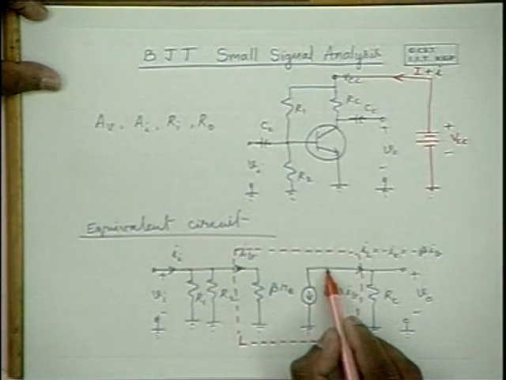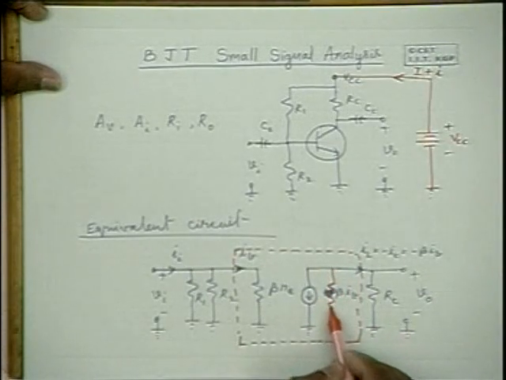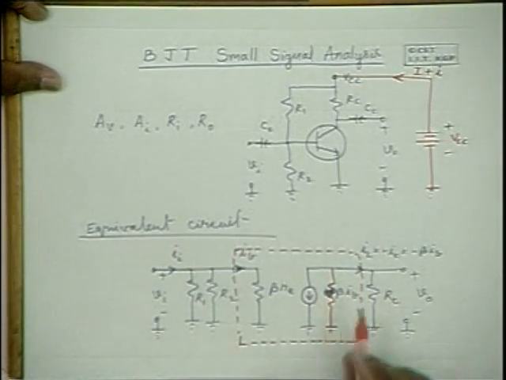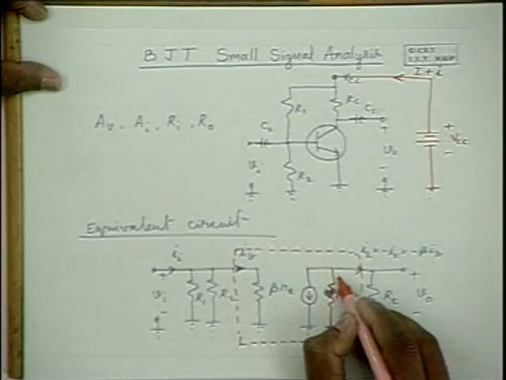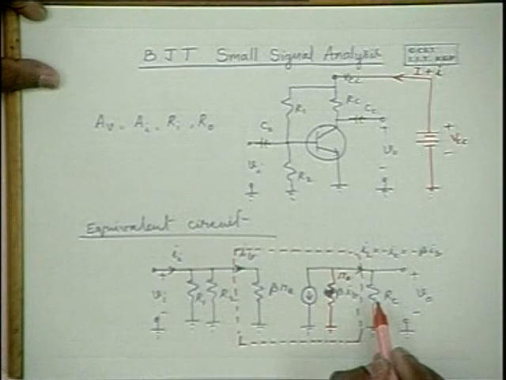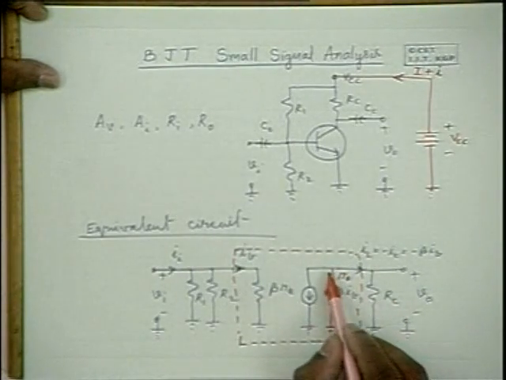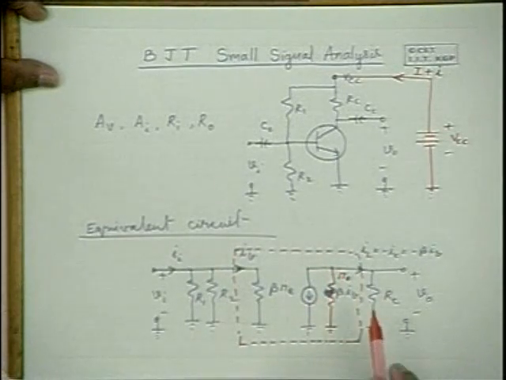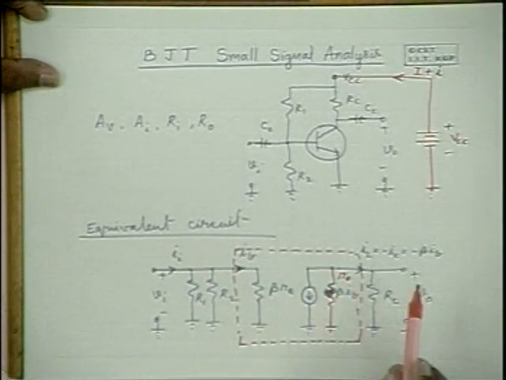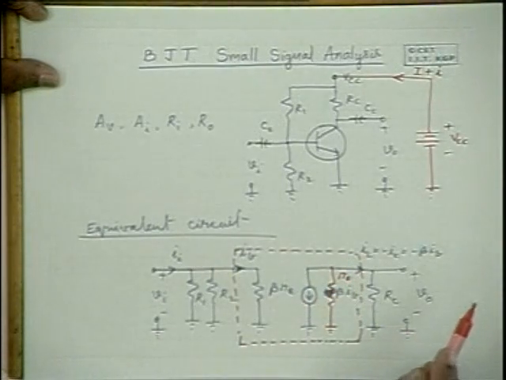And if you want to improve the accuracy, you have to introduce the output resistance of the transistor R0 over here. Well, when RC is much smaller than R0, we can neglect the effect of R0. Otherwise, for a more accurate analysis, R0 has to be introduced here.